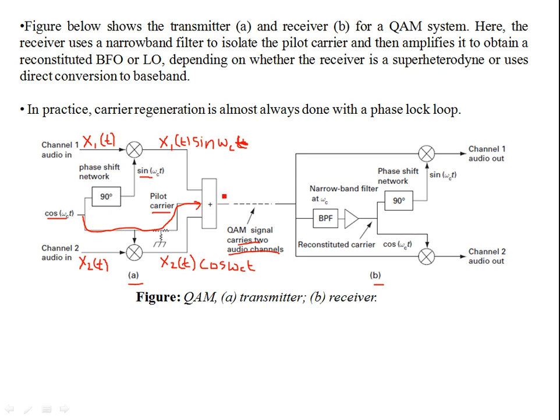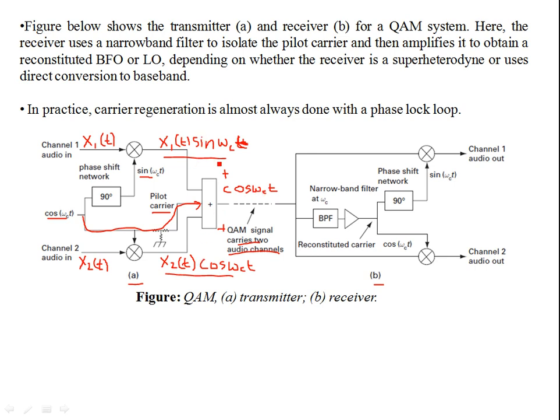So basically we have the first signal plus x2(t) cosine omega c t plus cosine omega c t. Isn't that right? We are sending this pilot carrier as the phase reference to the receiver, so that the receiver has the correct phase and the correct frequency information. So these are three signals that are being transmitted. This is the pilot carrier.